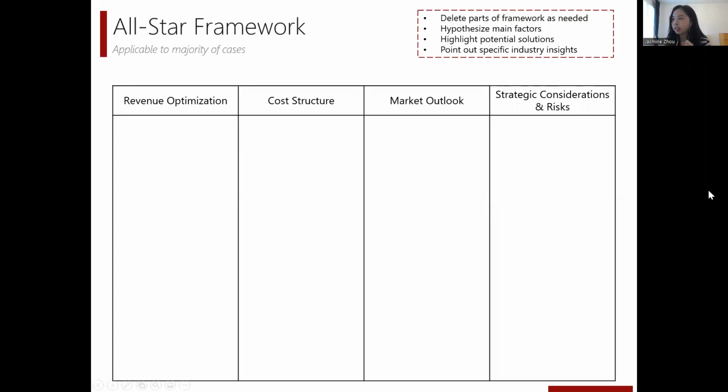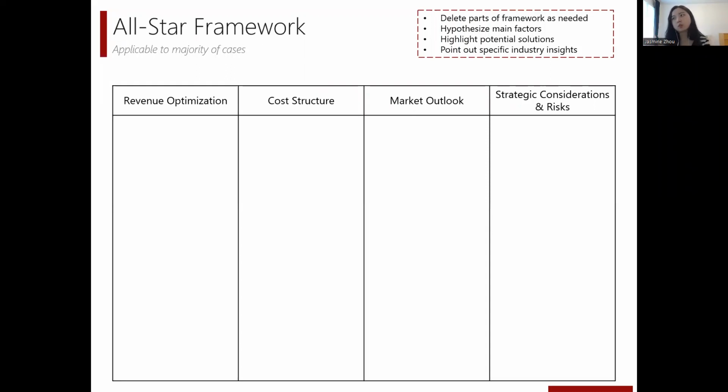So basically, for this framework, I have 4 buckets which I like to use, but also delete parts of the framework as needed. And then throughout the whole structuring process, you want to be able to hypothesize the main factors, highlight potential solutions to the issue that you're trying to solve, and then also point out specific industry insights.